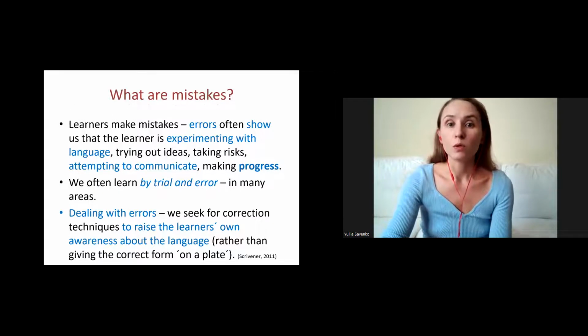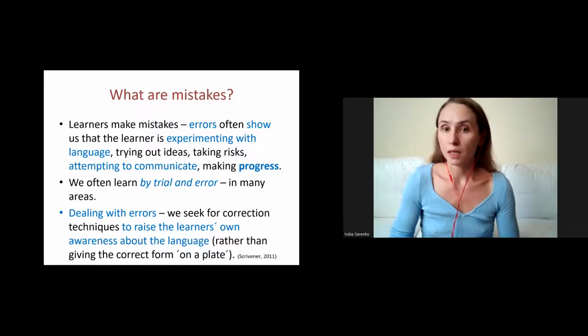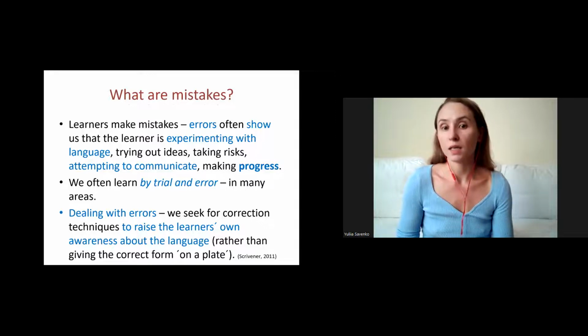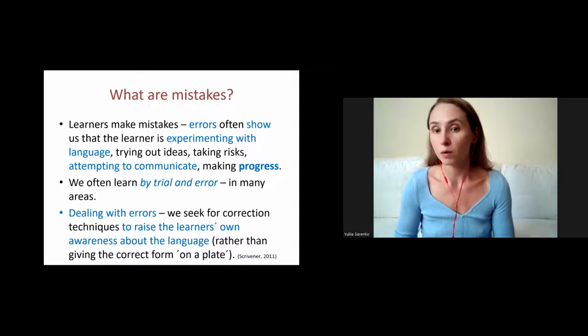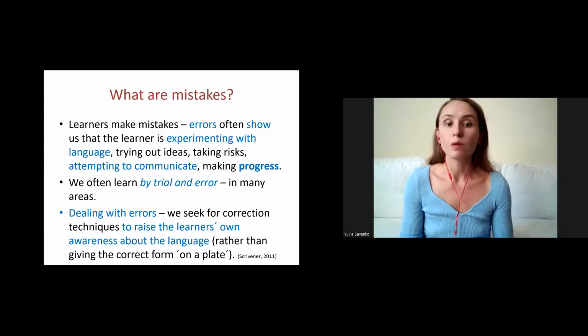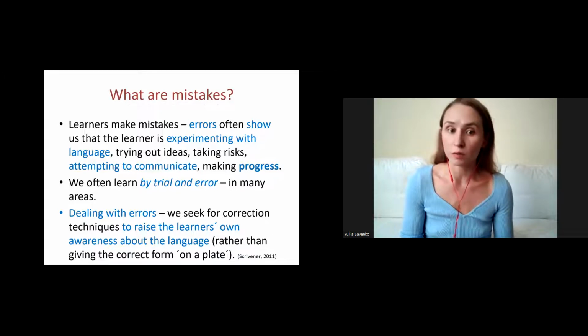So, what are mistakes? Well, learners make mistakes or errors, and it's okay, it's natural, and this is how they can see their progress, if they understand their mistakes and errors, and how they can develop themselves. We often learn by trial and error in many areas of our life.